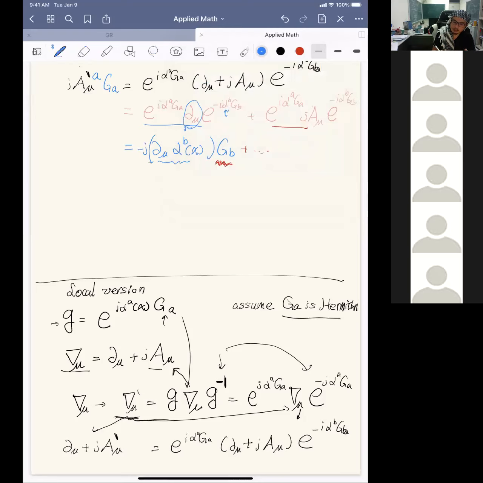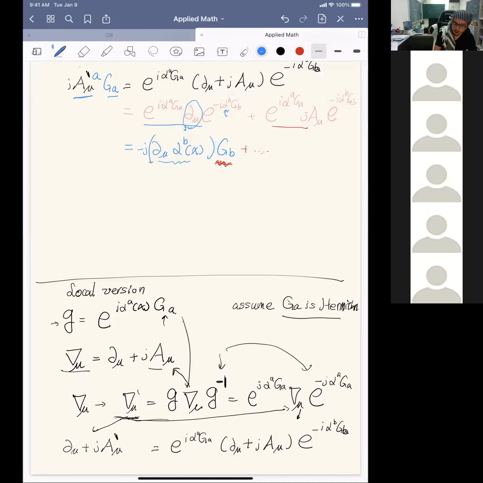When we're making a symmetry group into a local symmetry, the number of correction terms that you need to introduce is the same as the number of generators that you have, right? Because for each generator, you're going to have a correction term, or for each generator, you're going to have a gauge field, or a connection.